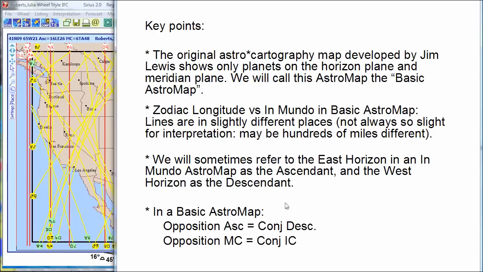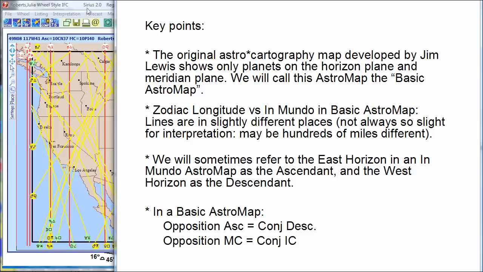And in a basic astromap, a planet opposite the ascendant is conjunct the descendant. So the terminology changes depending on whether you're talking about a Jim Lewis style astrocartography map, the original one, where there are no aspects. You're just looking at the planet on the meridian plane.